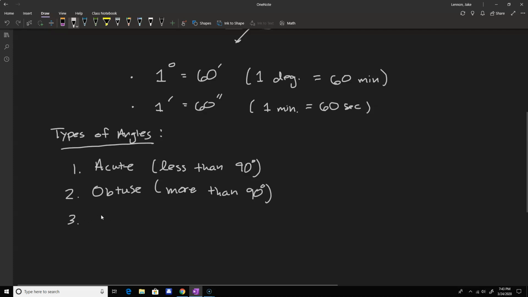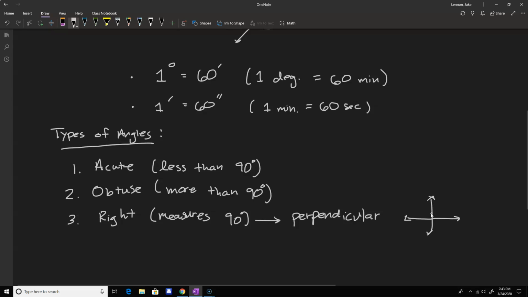A right angle has measurement exactly 90 degrees. This occurs when you have perpendicular lines. Perpendicular lines, if they cross at a right angle, are usually denoted with a little box at one of the vertices of intersection there. And then the last one that we talked about, we said the straight angle measures 180 degrees.